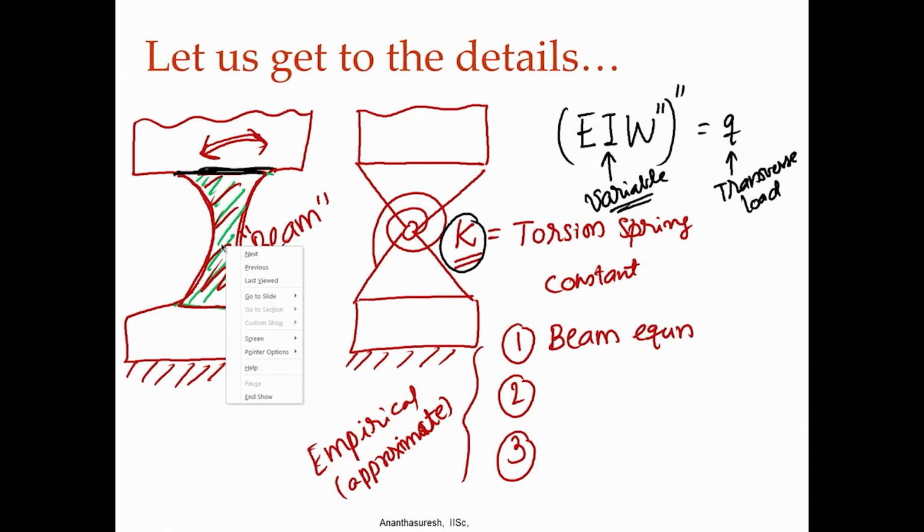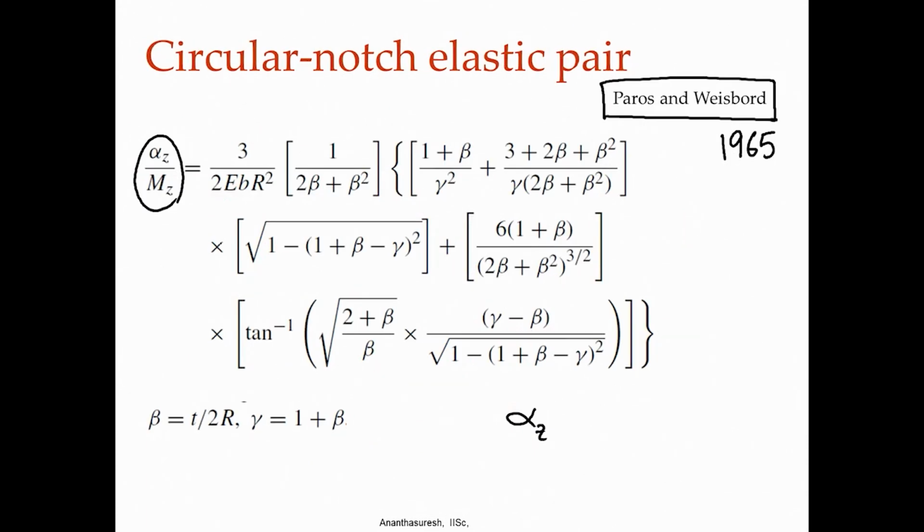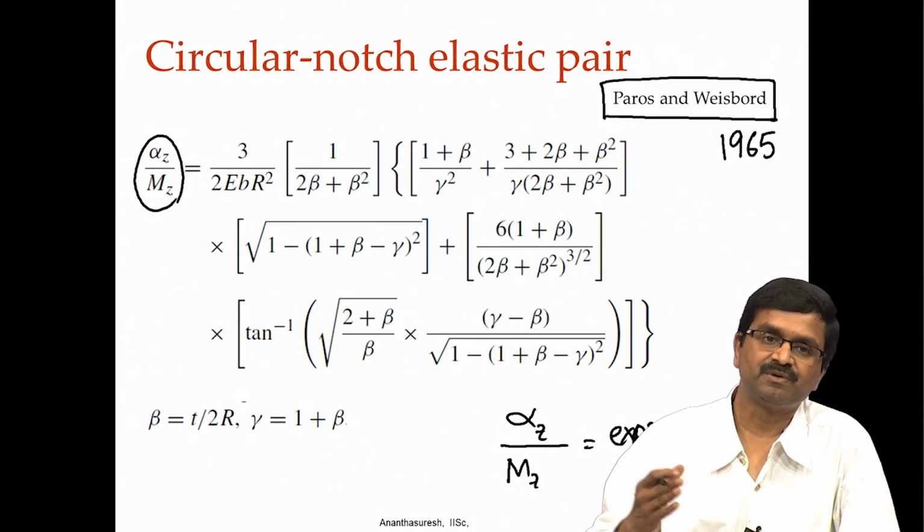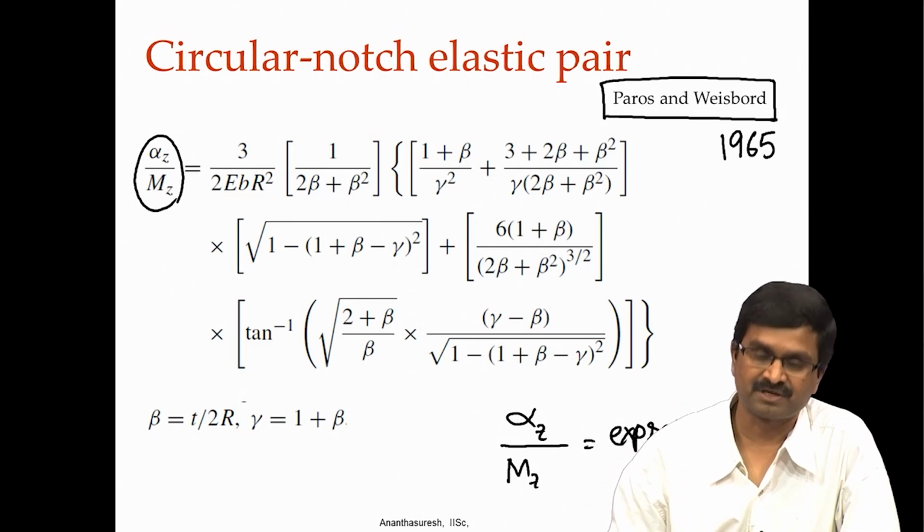Okay. So, that one alpha z, they are relating to mz equal to some large expression that you see here. It may look formidable, but the idea is simple. They are taking the beam equation, simply integrating for the variable cross section with a lot of approximations.